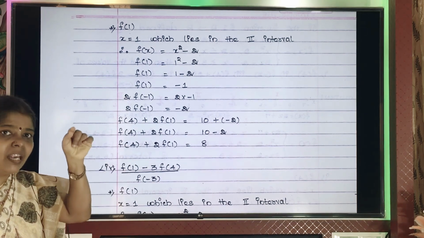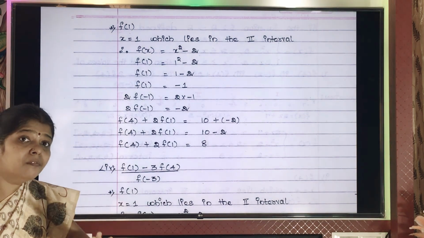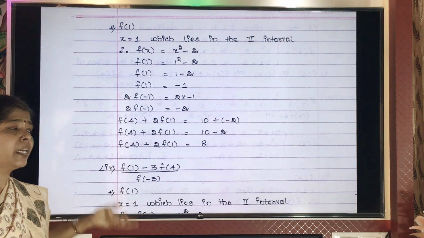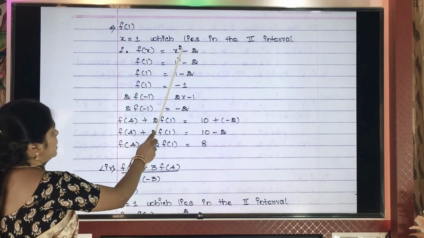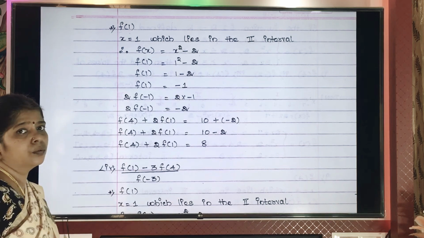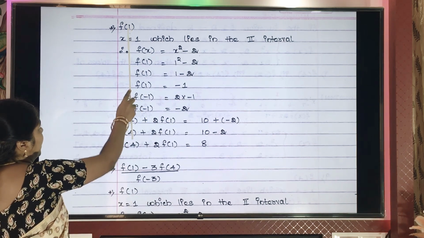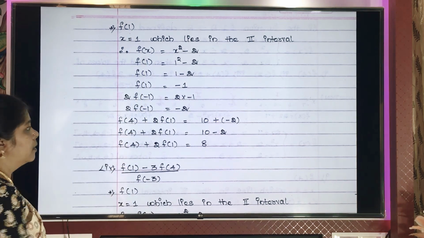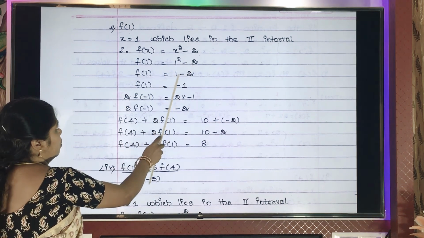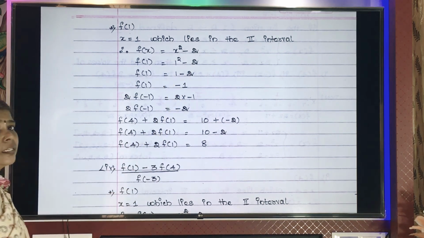So which function will you take? Second function. So f of x equal to x squared minus 2. Now in the place of x, you substitute 1. You will get 1 squared minus 2, 1 minus 2. The answer is minus 1.